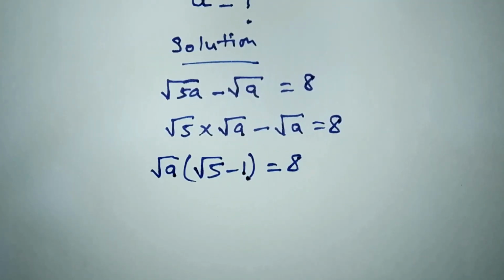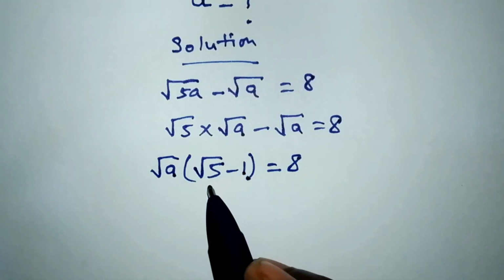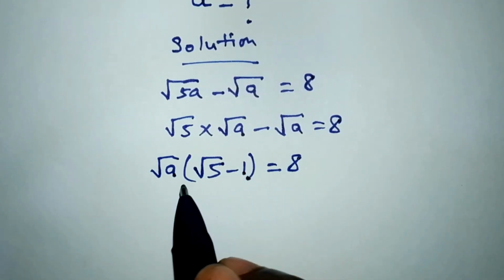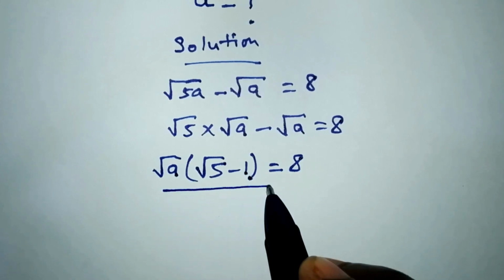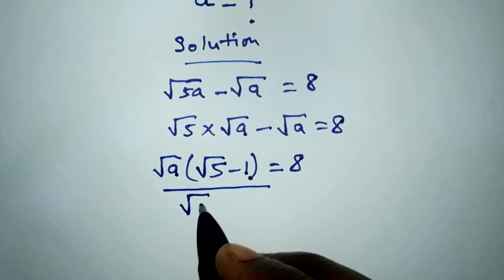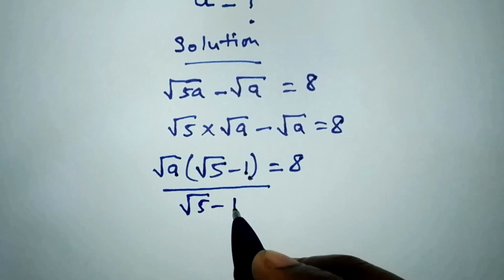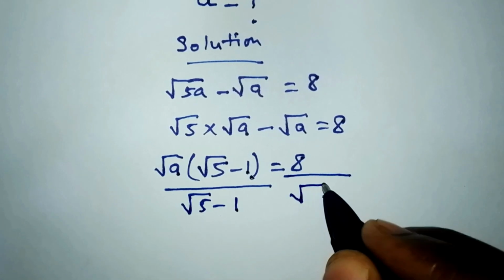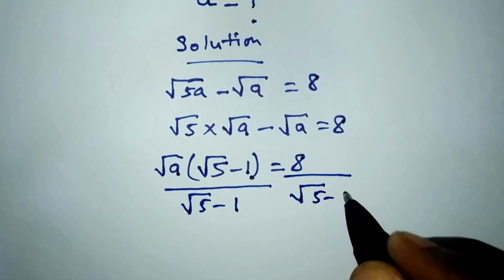Dividing both sides by square root of 5 minus 1 will give us square root of 5 minus 1 divided by square root of 5 minus 1.